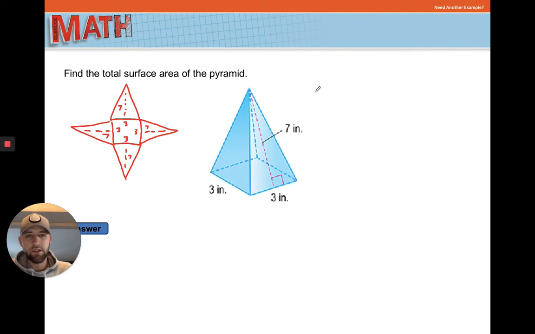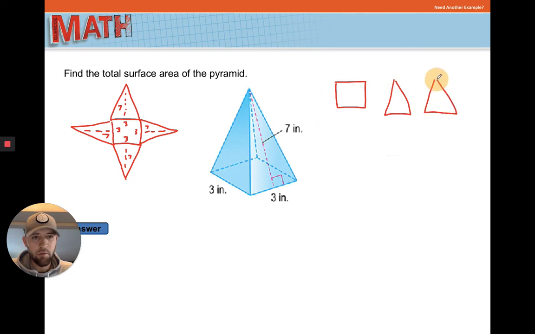Or you could go ahead and separate them by doing this. Drawing your square, drawing your 4 triangles actually. Just so you know that you have to figure out all of the areas for these shapes. Then you can go ahead and label. We know that this is 3, this is 3, the slant height is 7, this is 3, my slant height is 7, and so on.